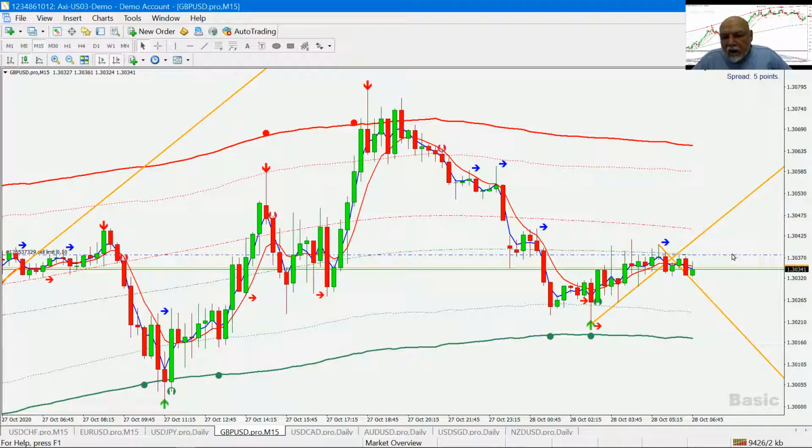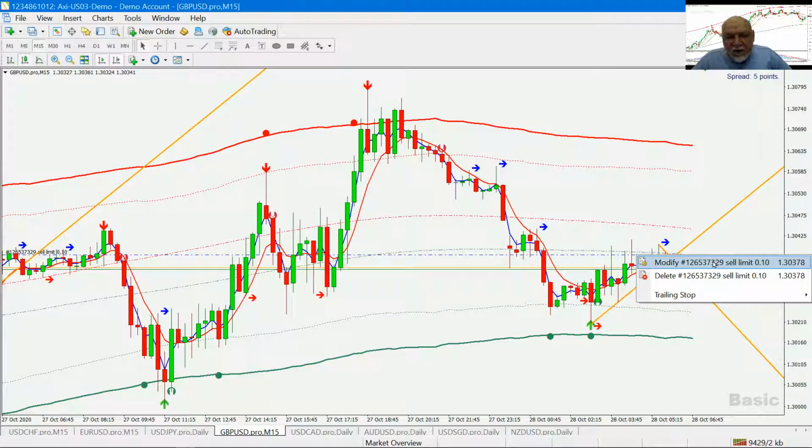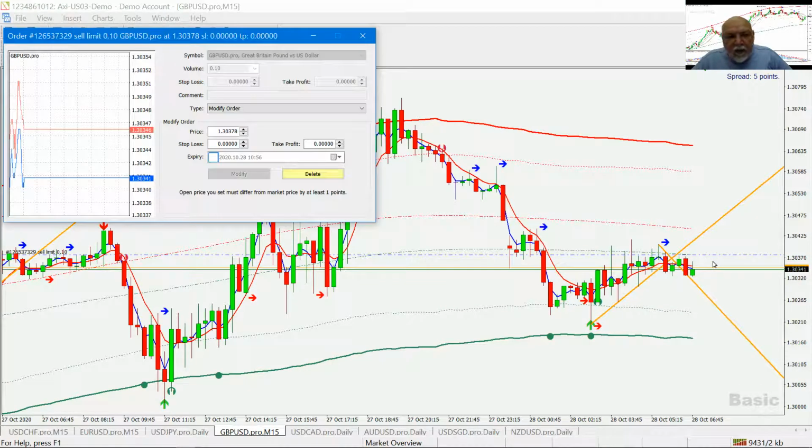I'm going to go ahead and modify this, and the stop loss has got to be above the sell limit, so I'm going to zip that up. Modify.